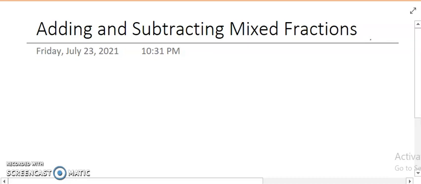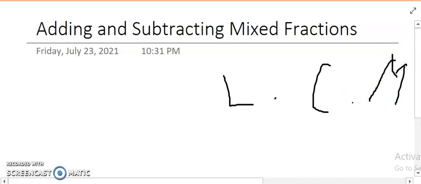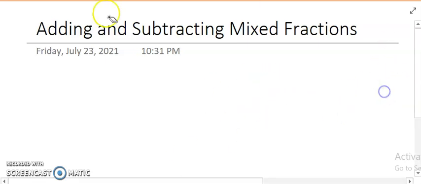When we treated adding and subtracting fractions, I said something about LCM, lowest common multiple, and that is what we'll be using to solve adding and subtracting fractions.